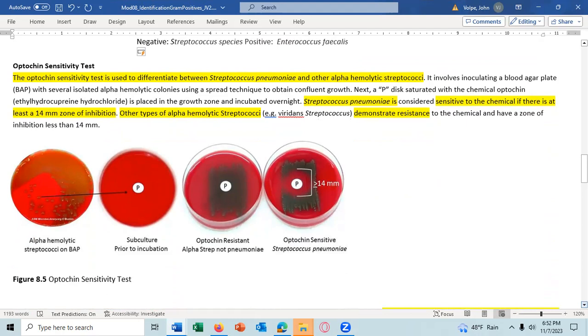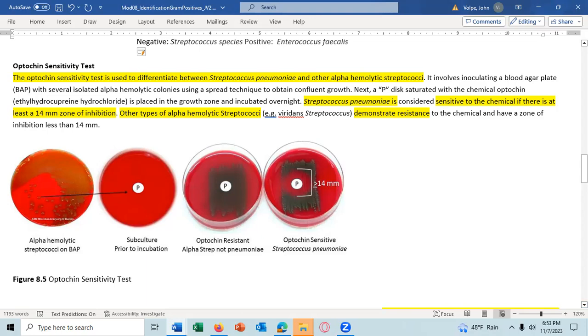Streptococcus pneumoniae is sensitive to optochin, and Streptococcus pneumoniae is an alpha hemolytic streptococcus. If we're trying to distinguish between the different members of the Streptococcus family, we can use the optochin sensitivity test, and if it is sensitive, then it is Streptococcus pneumoniae.